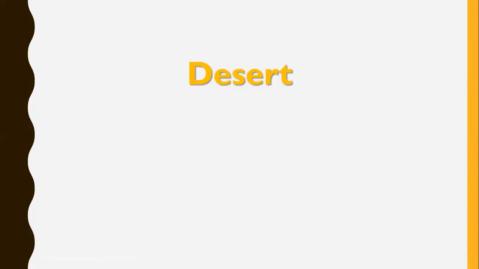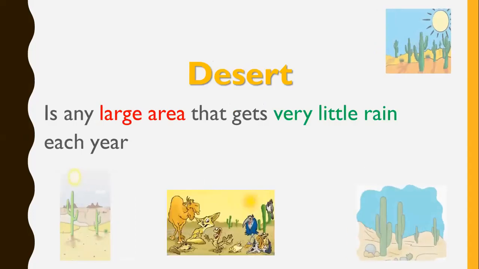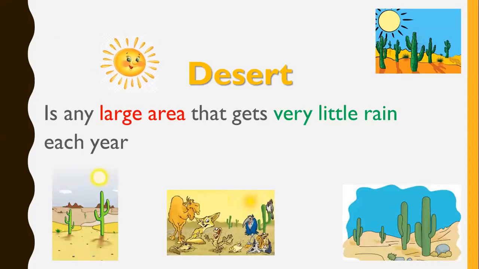Desert. A desert is any large area that gets very little rain each year. Okay, large area. Can you see the yellow and orange colors here? It's the local color, by the way, for deserts in any map, the yellow one.